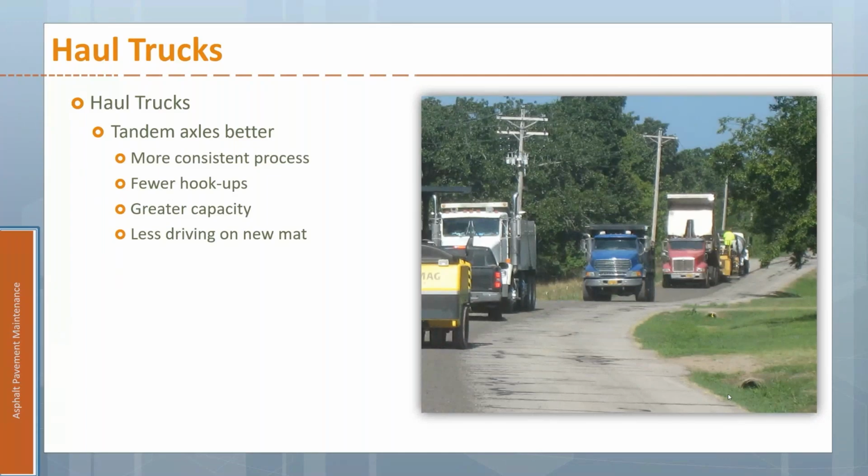We don't want any turning movements. We don't want anything that's going to tear that surface. Those aggregates need to seat, and they need to be rolled in. So tandem axles do help kind of spread out that load, but also those are typically the bigger trucks, and you have fewer hookups that have to even happen. More capacity and less driving on the new mat.